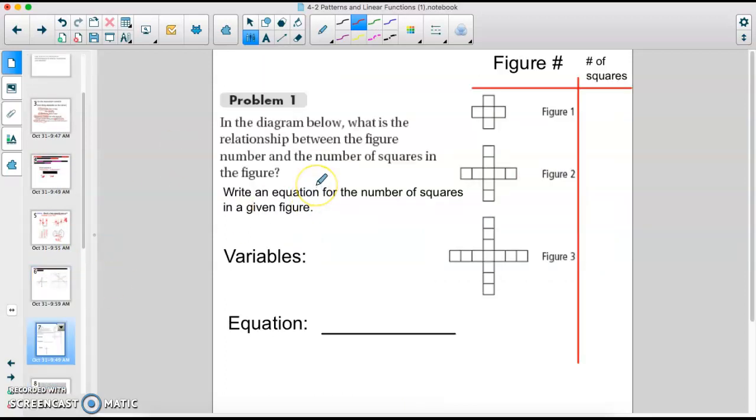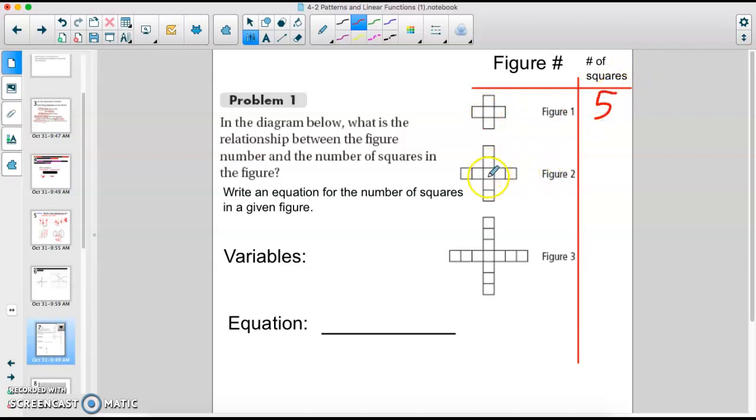Now, we're going to start working with some patterns of linear functions. This is just kind of introducing us to the concept of functions. Okay, so in this diagram, we need to figure out what is the relationship between the figure number and the number of squares in the figure. Okay, and so for figure number 1, we have 1, 2, 3, 4, 5 squares.